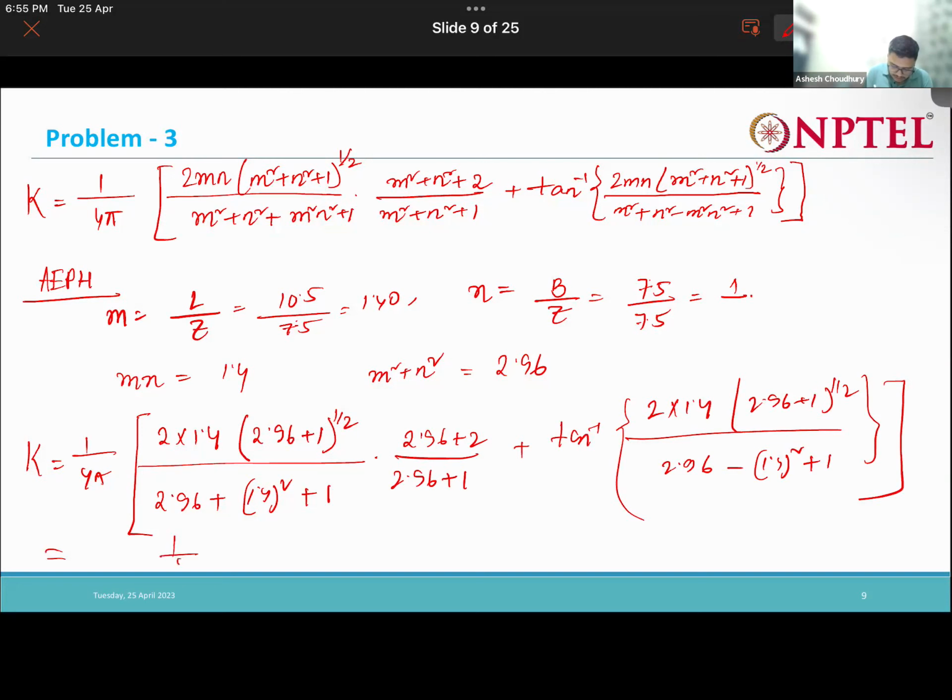So let us see 1 by 4 pi. How much is this coming?